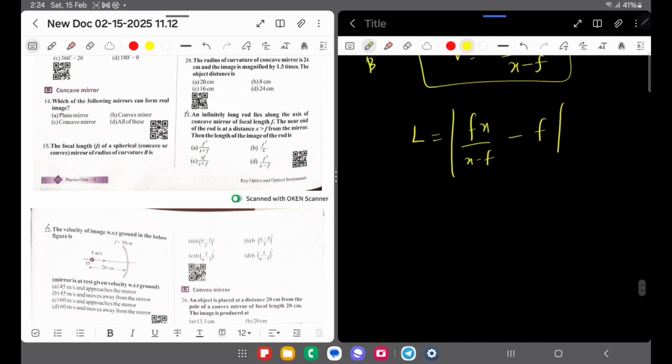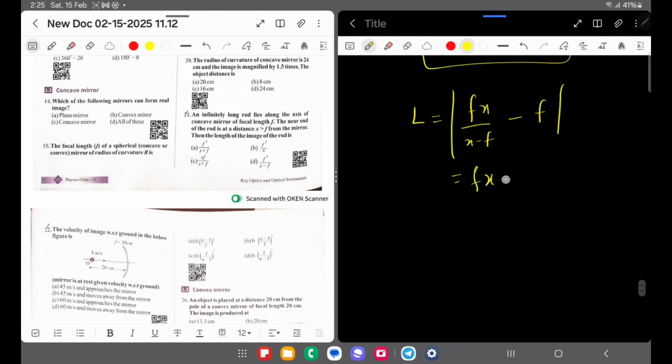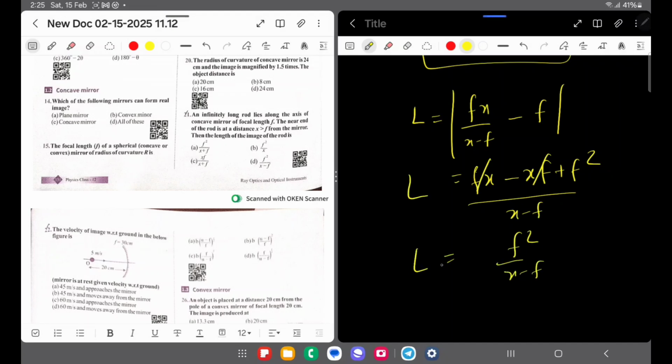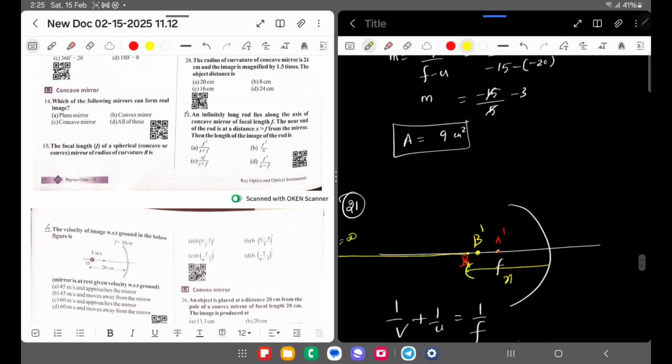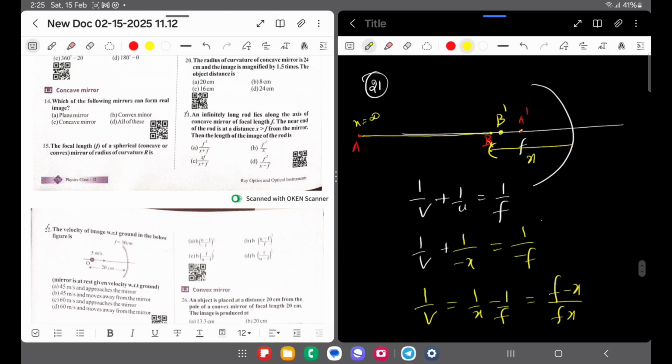Subtract these two and you will get fx minus xf plus f squared by x minus f, which is equal to the length of the image. I got f squared by x minus f as the length of the image. Is it possible for you to understand this?